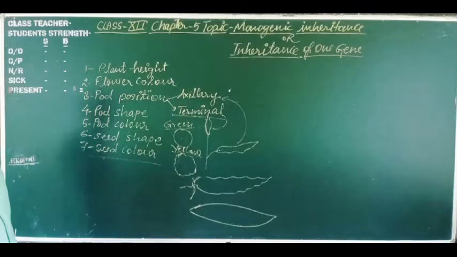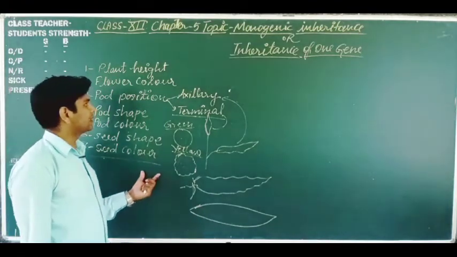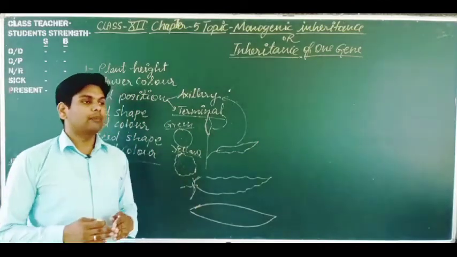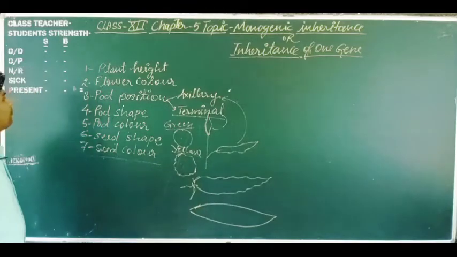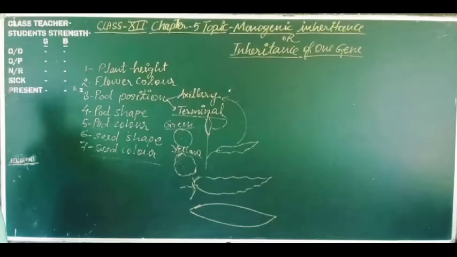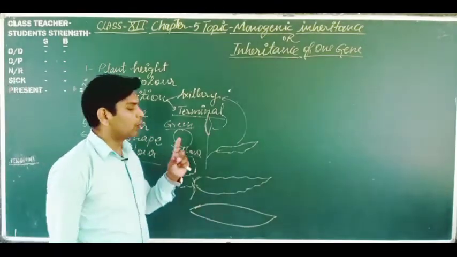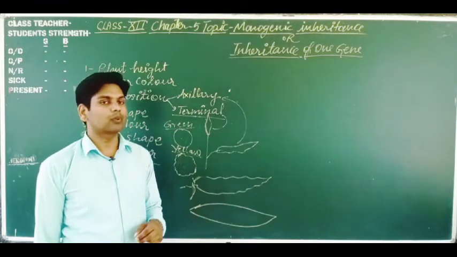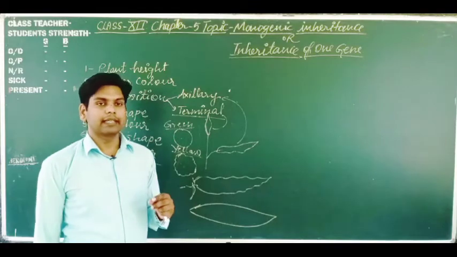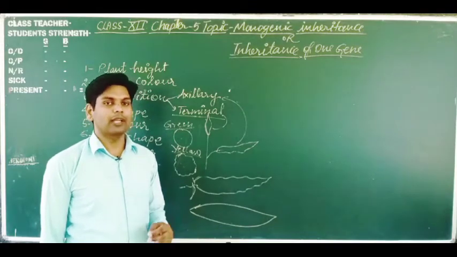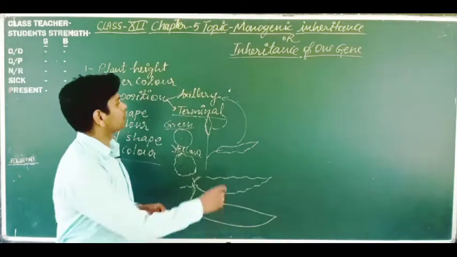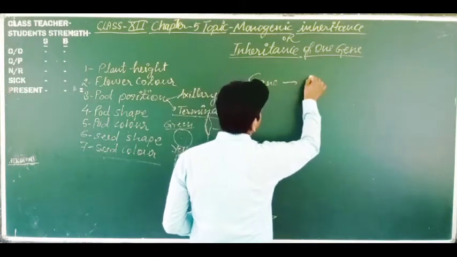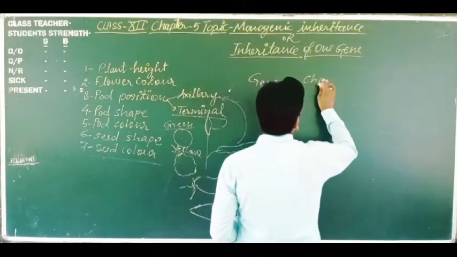Got it? So dear students, now let's discuss monogenic inheritance. What is it? I have told you that all plants or all individuals have 1 gene for 1 character. In terminology, I told you that 1 character is expressed under the regulation of 1 gene.